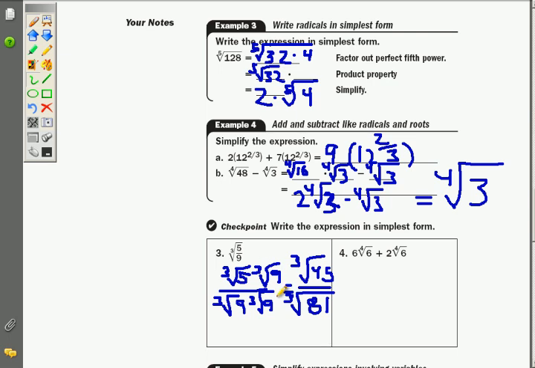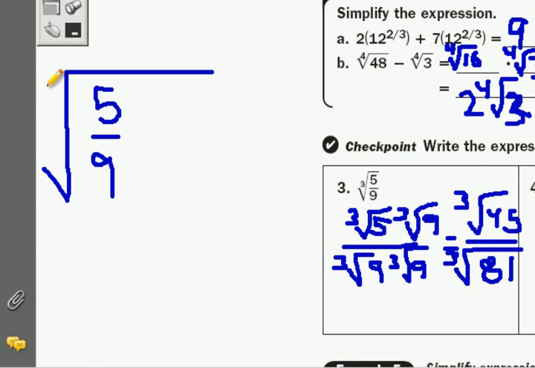So that was my first thought. My other thought on solving that problem would probably be to multiply this by something so I can get a perfect cube root. So over here, let's do that. Let's call it the cube root of 5 over 9. And what if I multiply this by top and bottom, 3 times 3?